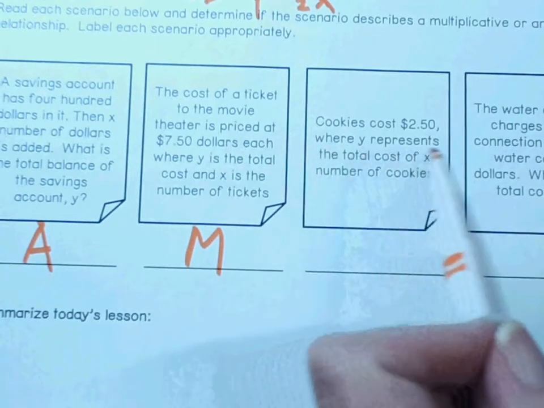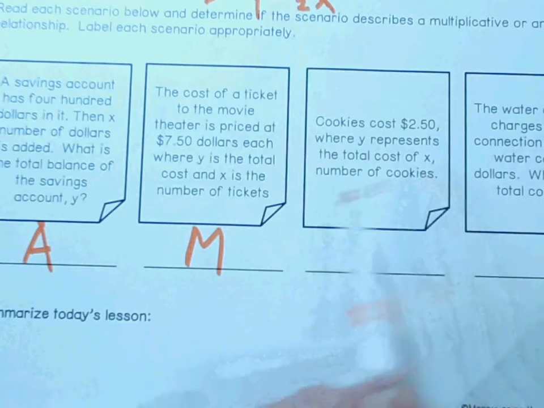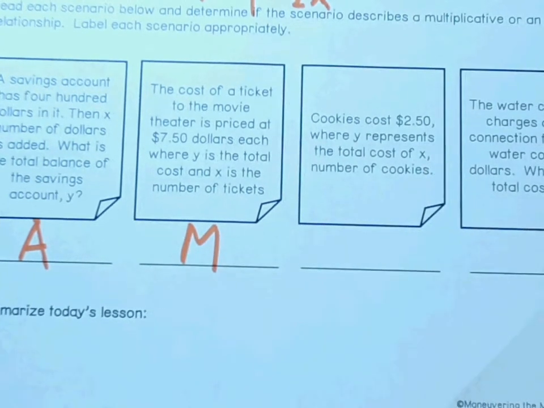Cookies cost $2.50, where Y represents the total cost of X number of cookies. Additive or multiplicative? If I got 10 cookies, how much would it cost? Would it cost $12.50 or would it cost $25?